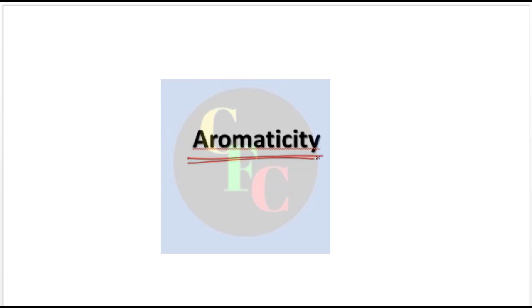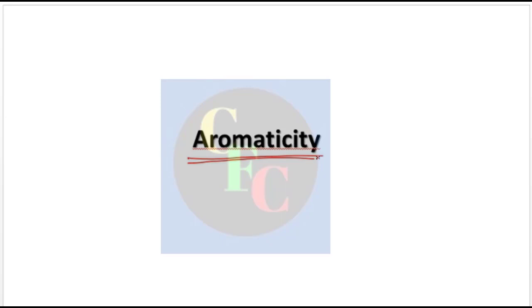But it was found later on that as the number of compounds of organic chemistry increased, this definition could not fit all of them inside it, right? Rather, it was found that these aromatic compounds which were discussed earlier had some particular properties of this conjugation and all that.